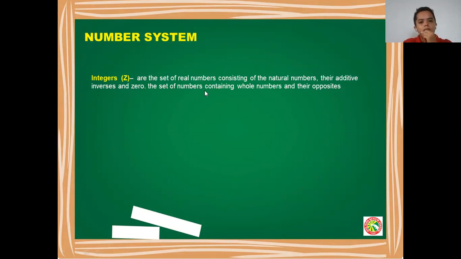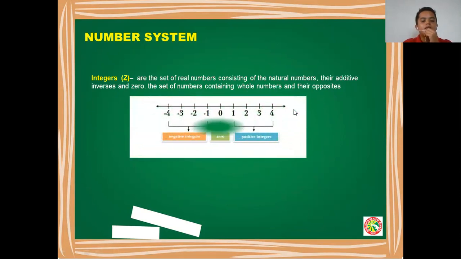So integers consist of whole numbers plus additive inverses of the number. That is integers. If we refer to a number line, integers include 0, negative integers, and positive numbers.